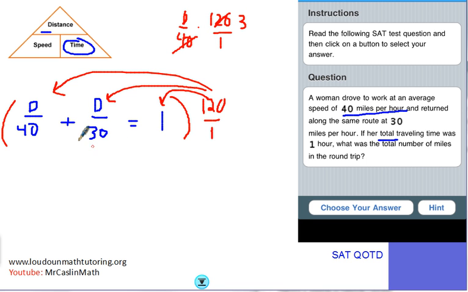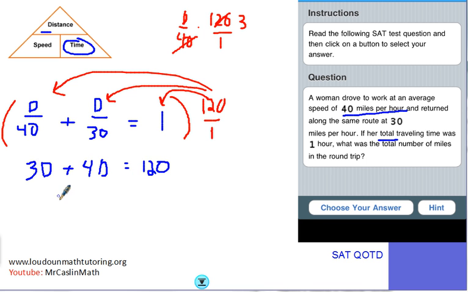So d times 3, what you end up with is 3d. If you multiply 120 times d over 30, the 120 and the 30 cross cancel and you get 4d. And then the easiest part of this whole problem, 120 times 1 is 120. So now we have an algebra equation that we should be able to solve pretty easily.